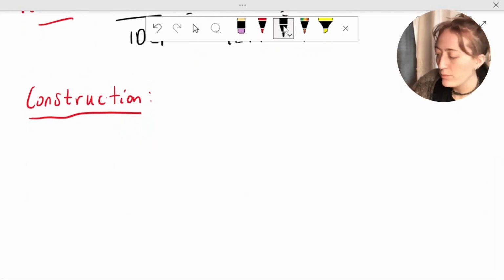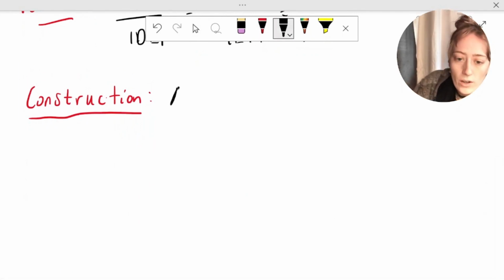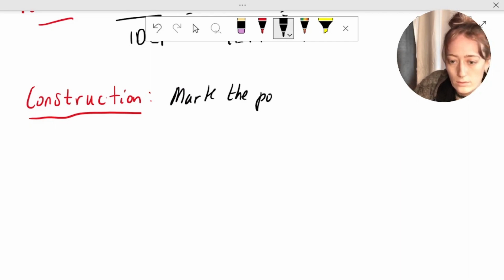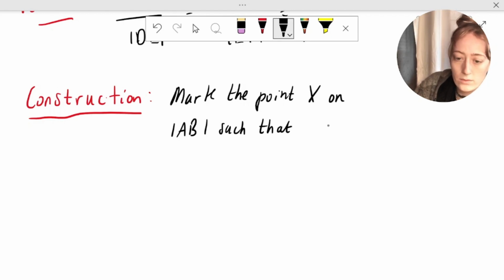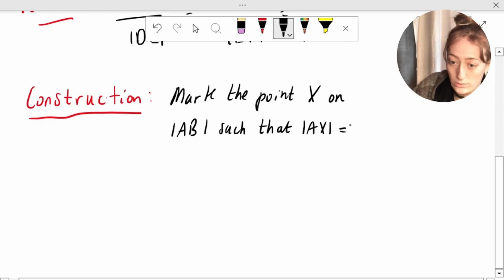So we're going to do the following. Mark the point X on AB such that AX is equal to DE.